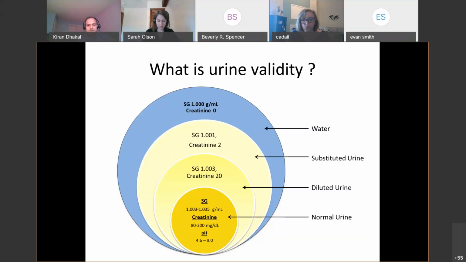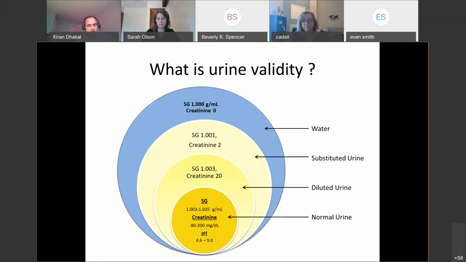So any deviations from these parameters is considered diluted urine, substituted urine, or adulterated urine. The specific definition of each type will come later in the presentation. So what is diluted urine? If the creatinine concentration is 20 or below and the specific gravity is in the range of 1.003, it is a diluted urine.